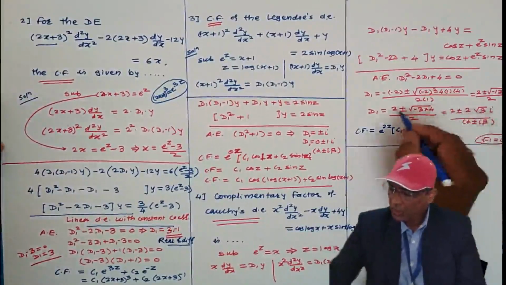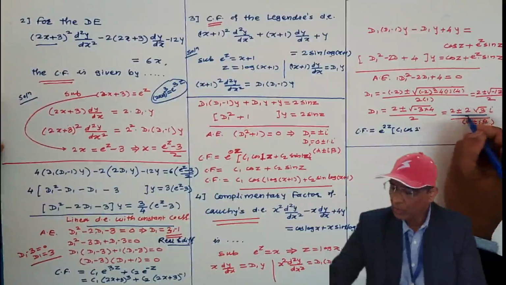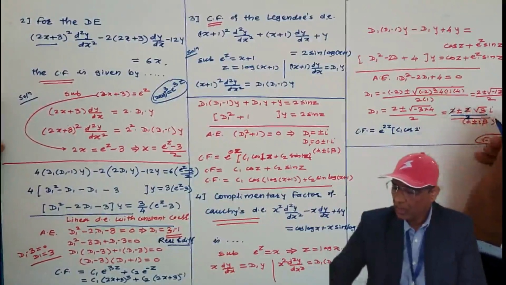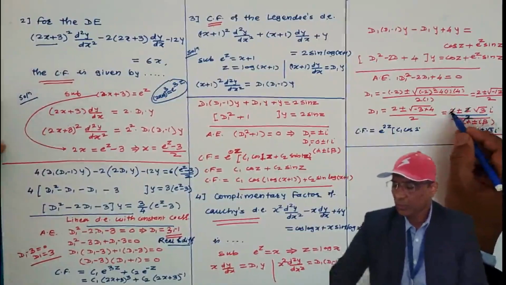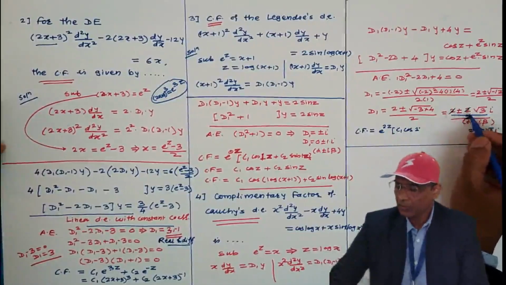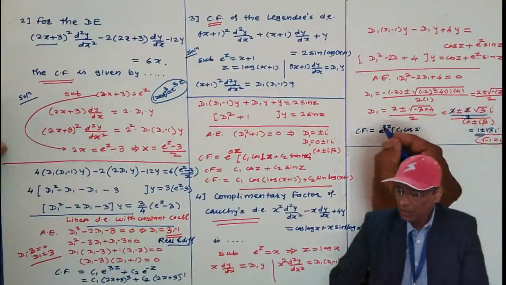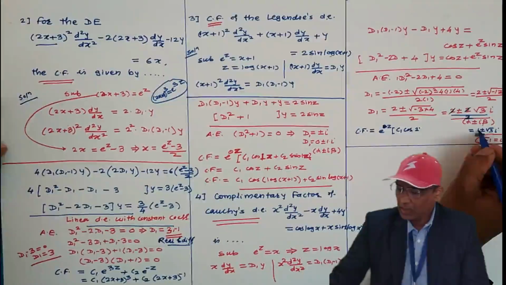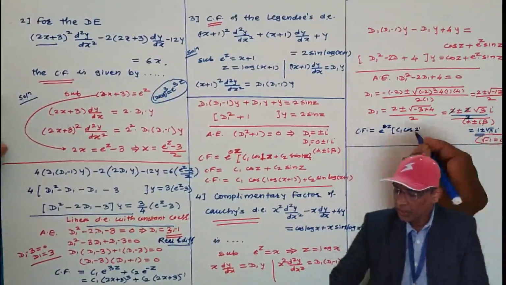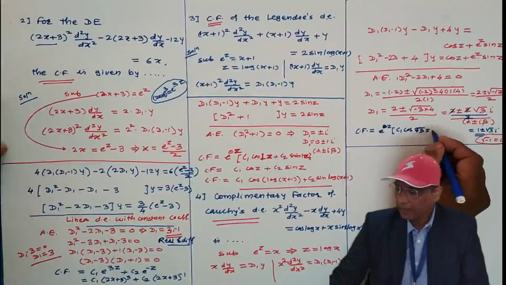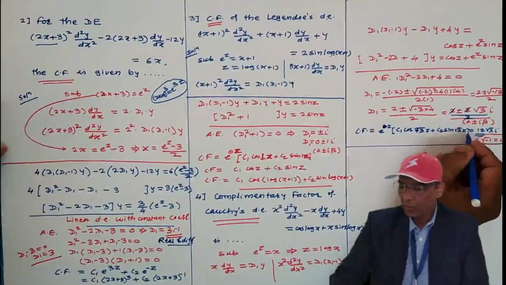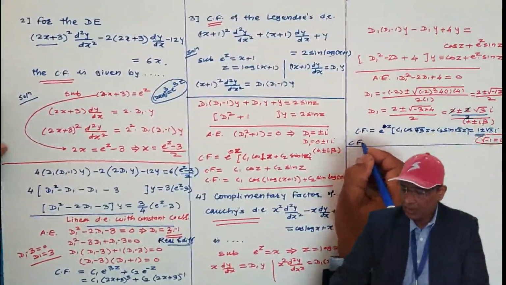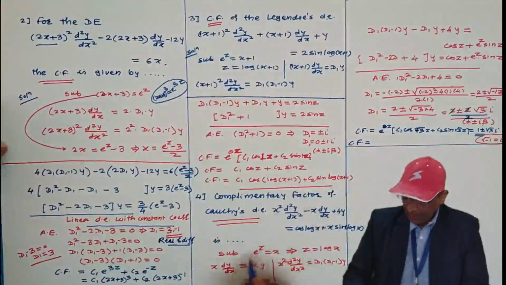This 2 and this 2 are going to cancel, so the roots are 1 plus minus root 3 i. Take 2 common from the numerator, and it gets cancelled with the denominator. Then e raised to power 1z, c1 cos of root 3 z plus c2 sine of root 3 z. This is the complementary factor.